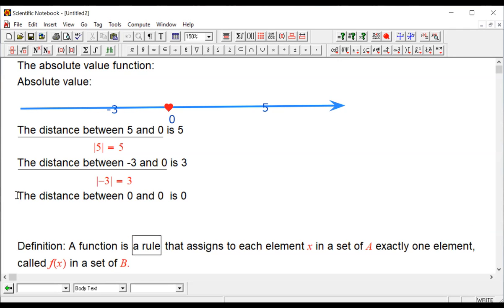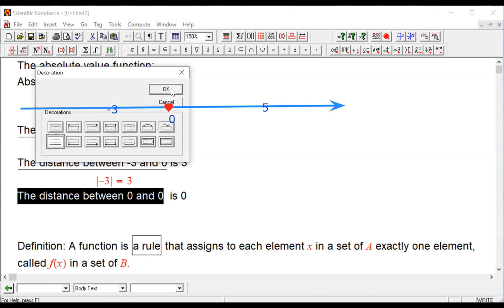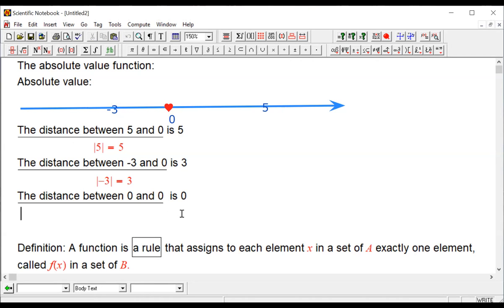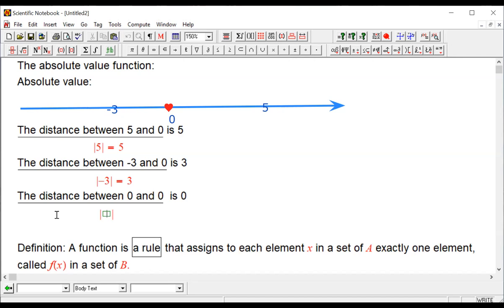So the shorthand notation we use here is the absolute value sign. This absolute value sign means the distance between whatever number and the origin. The absolute value of 0 then is 0.